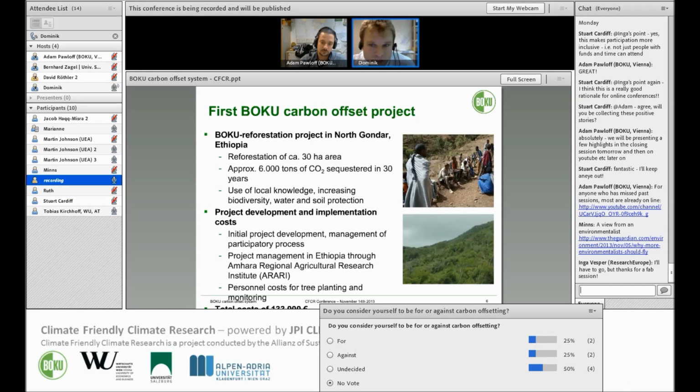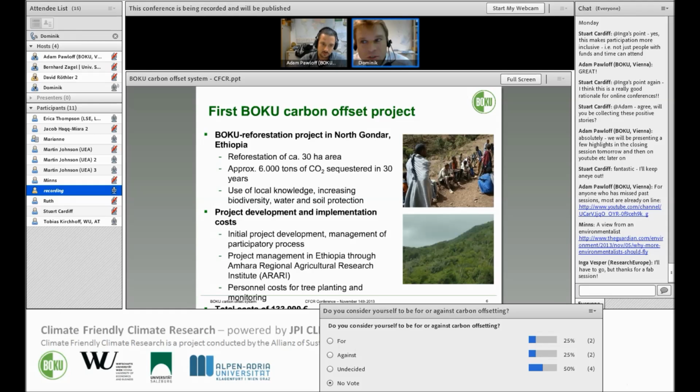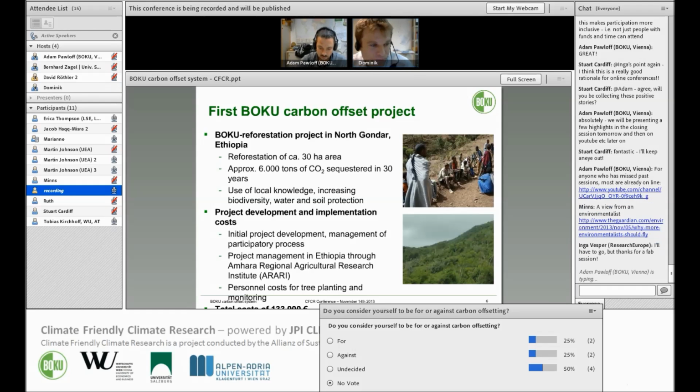So before starting implementing it physically, the project starts with the local people, where we talk to them in a one-year participatory process to find out which type of trees should be planted, which area should be used, and what compensation should look like when they bring their animals to other areas, or when they buy fodder for the animals, so how much should they get in the first years, where you can take nothing from the trees and from the reforestation area.